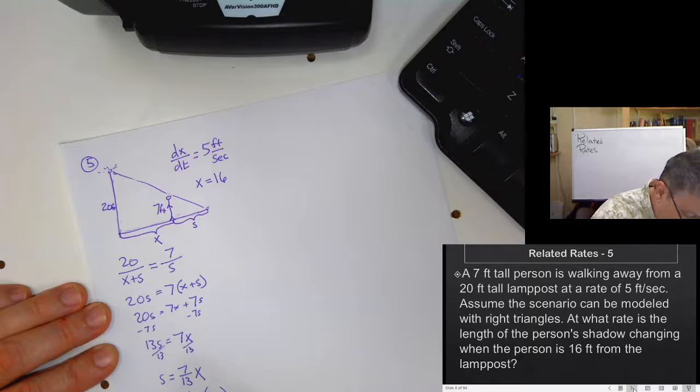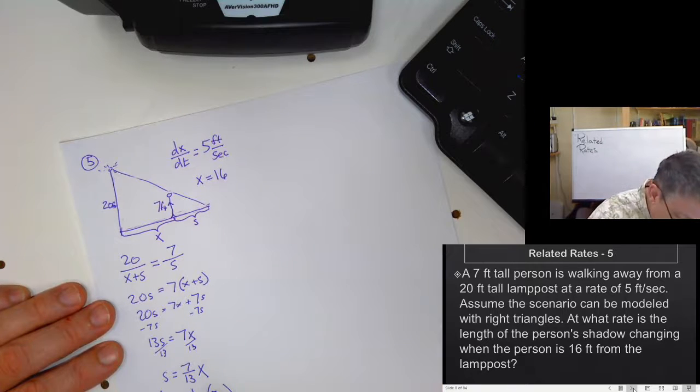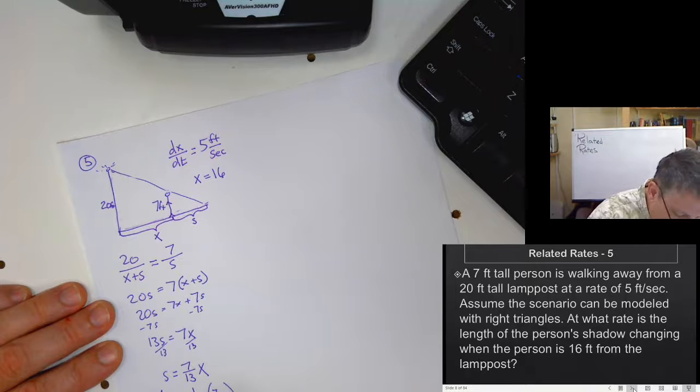All right, and you know the drill by now, I think. Pull that constant out, 7/13 dx/dt. We know dx/dt, it's already been given to us, it's 5. So ds/dt equals 7/13 times 5.